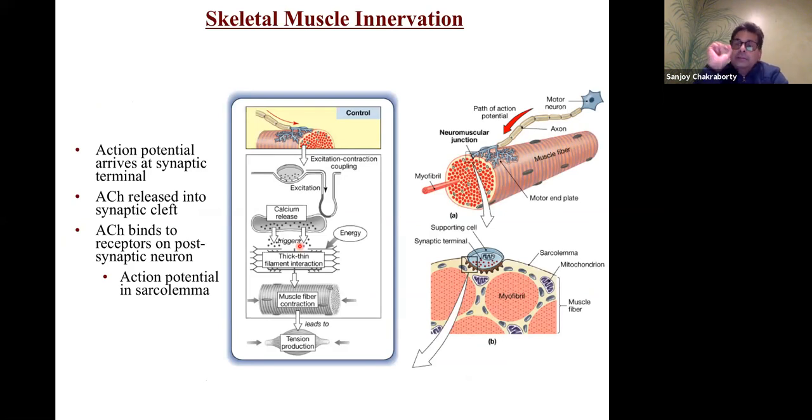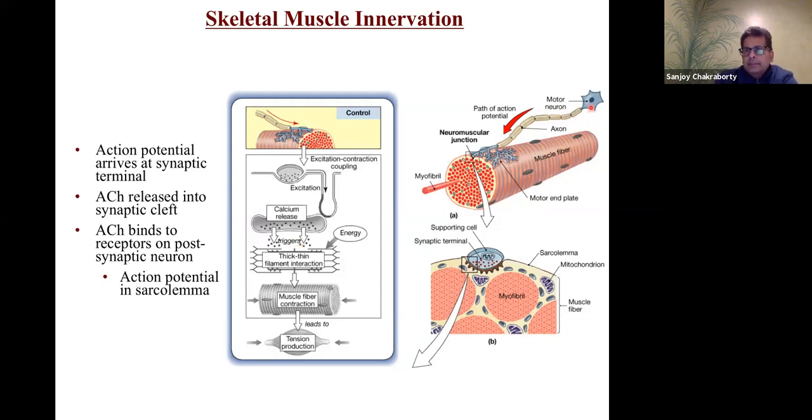Calcium, this is very important. Calcium is released based on the signal that is triggered or sent by the central nervous system, or in short, CNS, to the skeletal muscle.